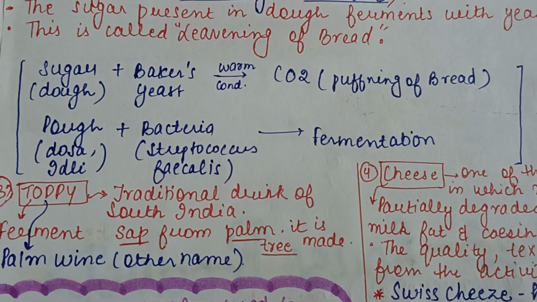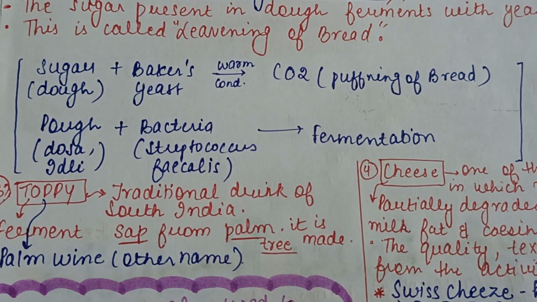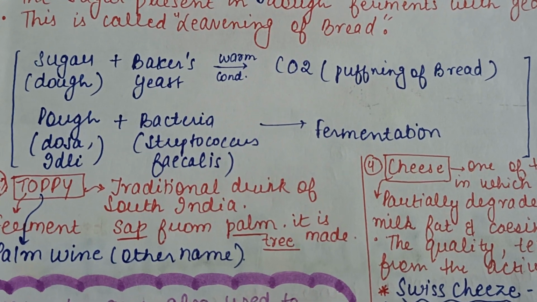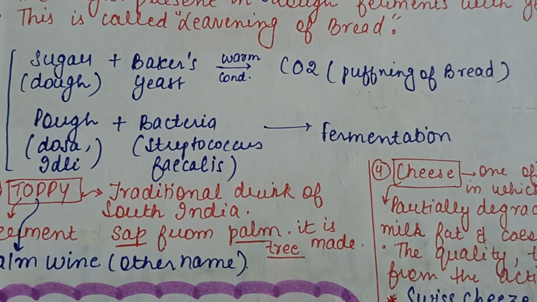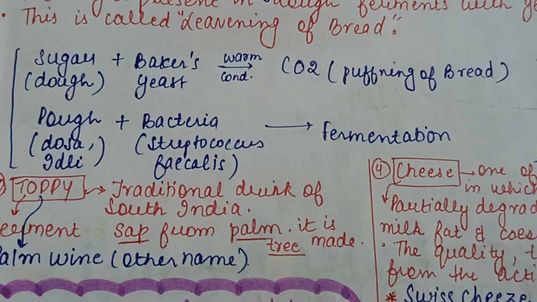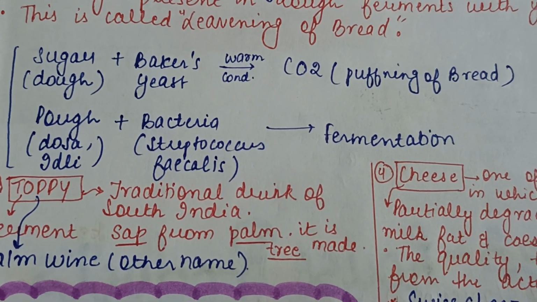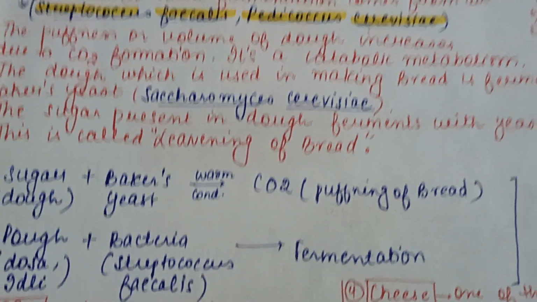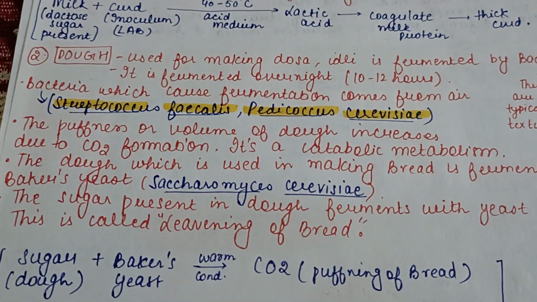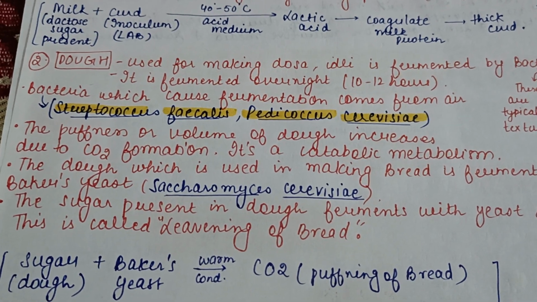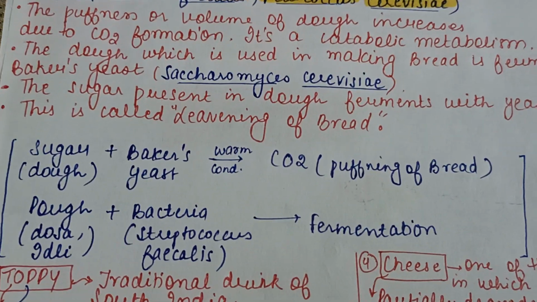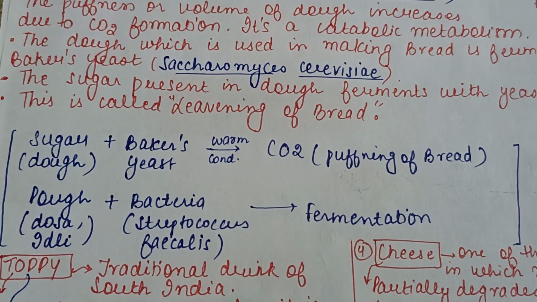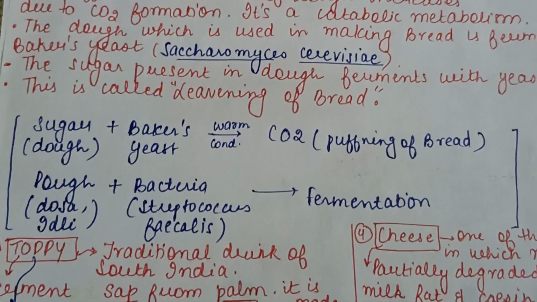Further, if we talk about the dough made for dosa and idlis, if we add the bacteria that come from air, it leads to fermentation. I have made these two reactions for this whole paragraph. For easy understanding, it is necessary for you to understand these reactions as well.